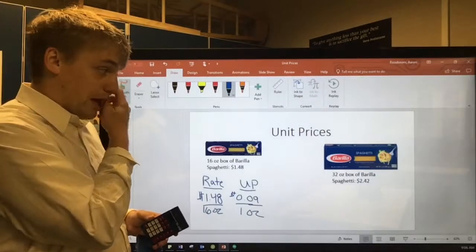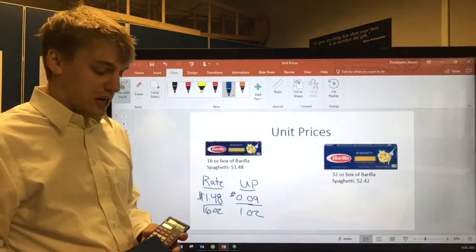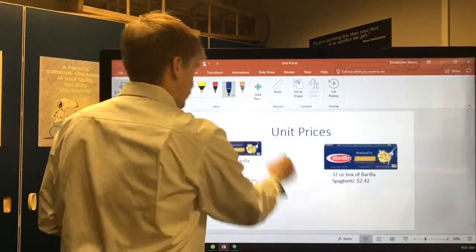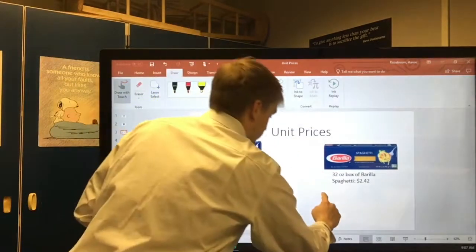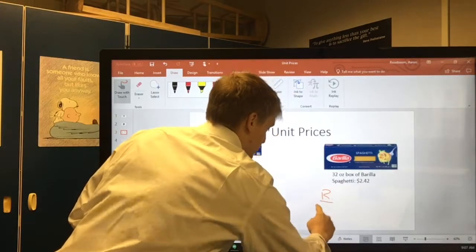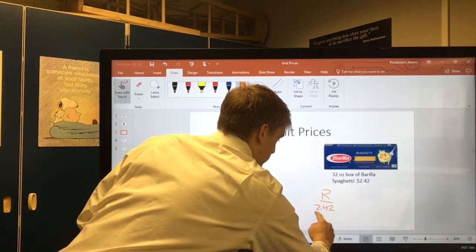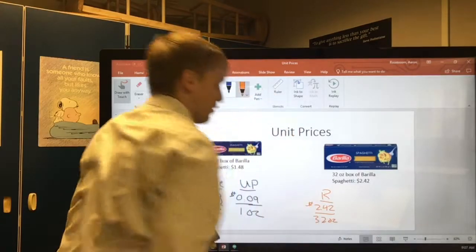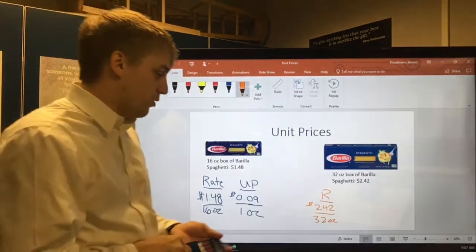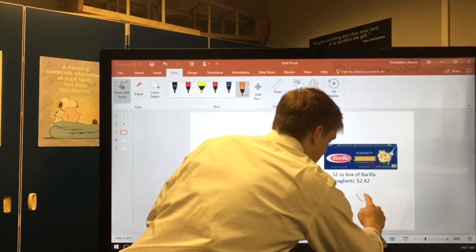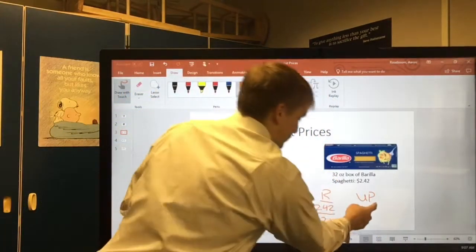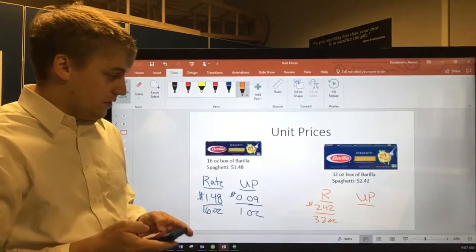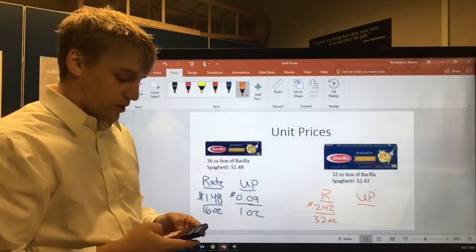Now we're going to go to the 32-ounce box of spaghetti, and we're going to write the unit rate, or the rate, which is $2.42 per 32 ounces. To figure out the unit price, we're going to take $2.42 divided by 32.